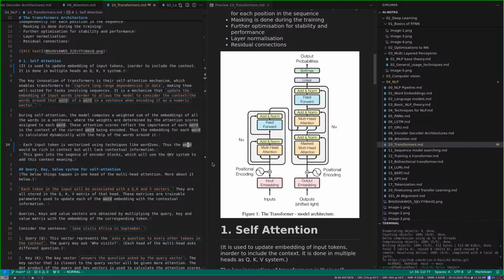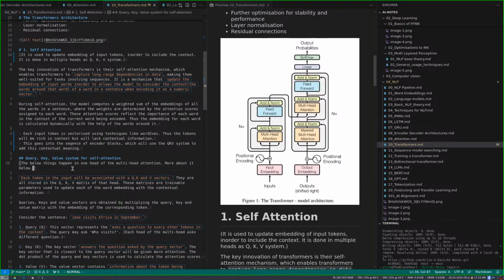Thus, the tokens go into the sequence of encoder blocks, which will use QKV to add the context to meaning. Below things happen in one head. More about it below.